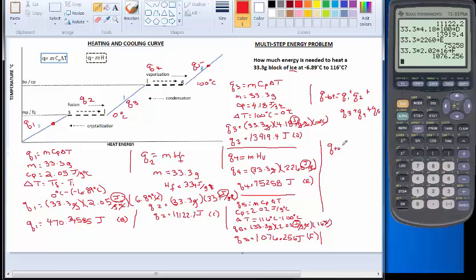So our Q total, if we go over to our calculator, we can say alpha B plus alpha C plus alpha D plus alpha E plus alpha F, and press enter, we get the number 101,846.2019.